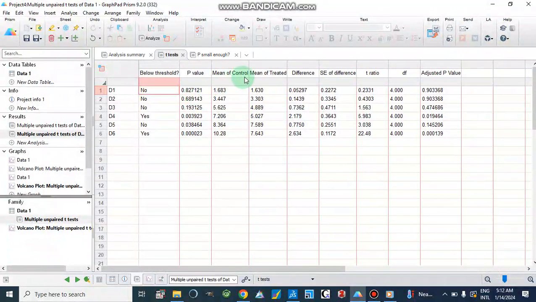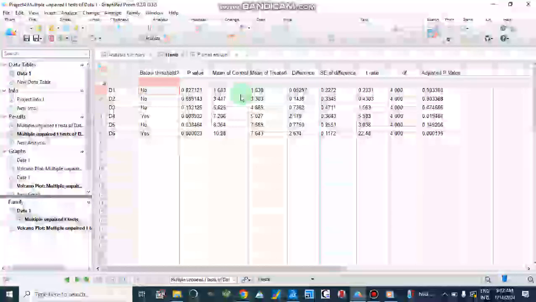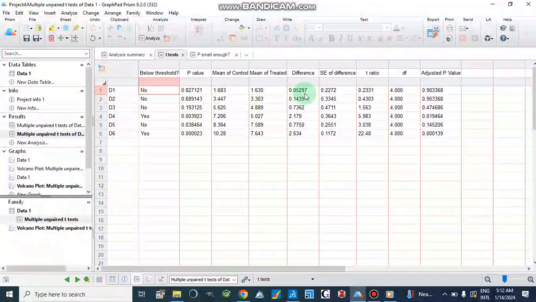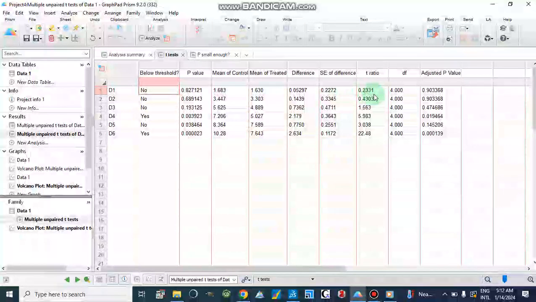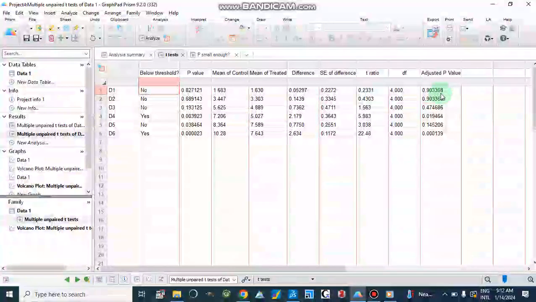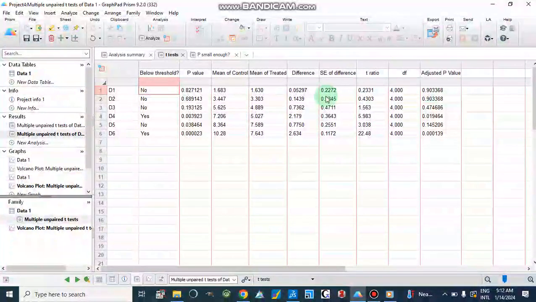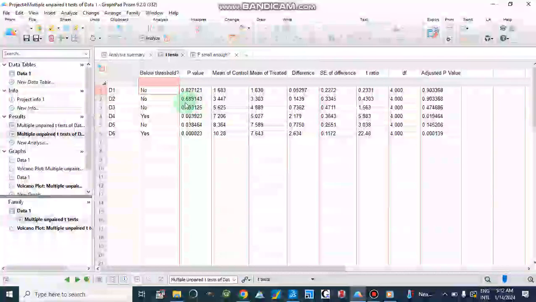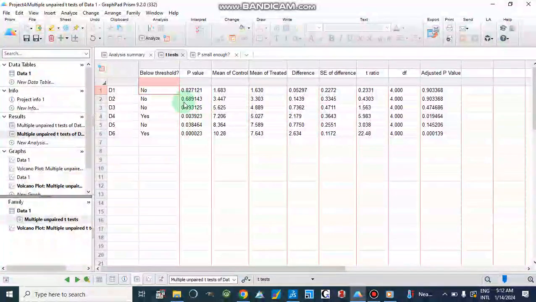The difference between control and treated is not significant, and the difference is 0.0529, and the standard deviation is this one, t ratio, and the adjusted p-value is 0.903368.